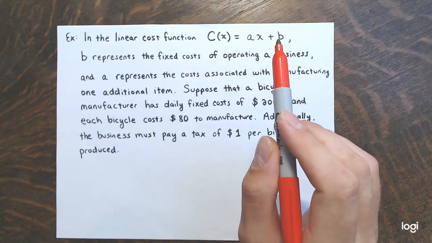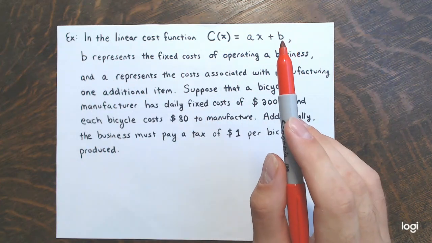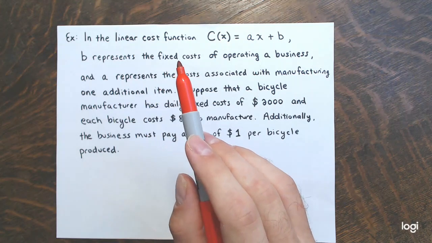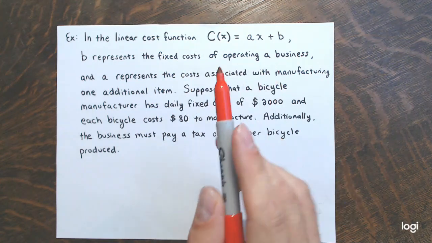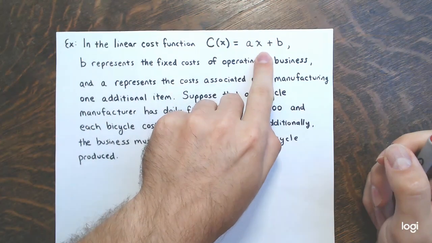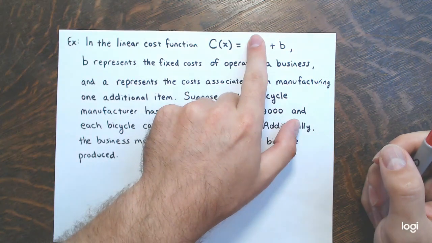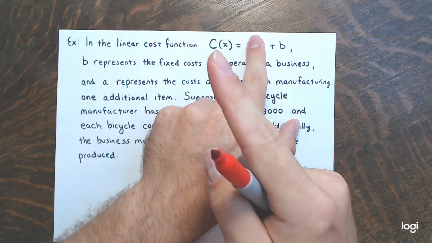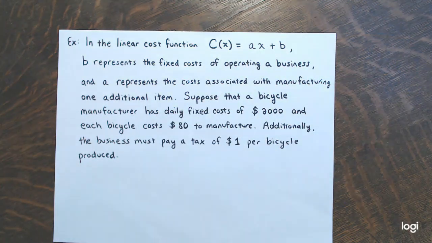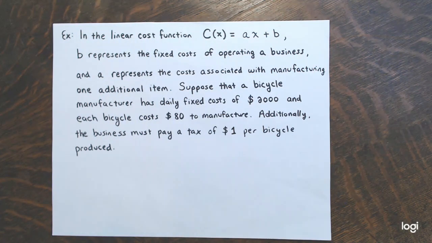All right, in this cost function, that lowercase b represents the fixed costs of operating a business, right? So just the cost of running the business day to day without producing anything. If you were to produce nothing, and you'll see x represents the amount of product, the cost of just running the business day to day is b dollars or pounds or whatever units of money we're talking about.